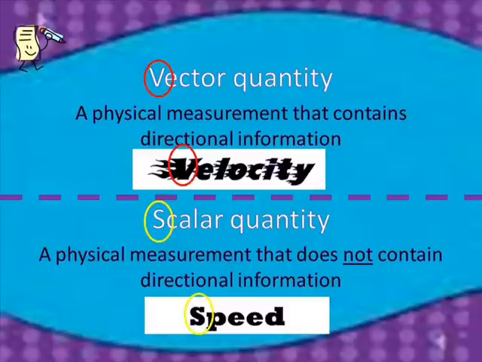Speed, on the other hand, does not contain any directional information, and therefore speed is an example of a scalar quantity. Again, it works nicely here that both of those start with the letter S. But again, there are other scalar quantities that don't start with the letter S.